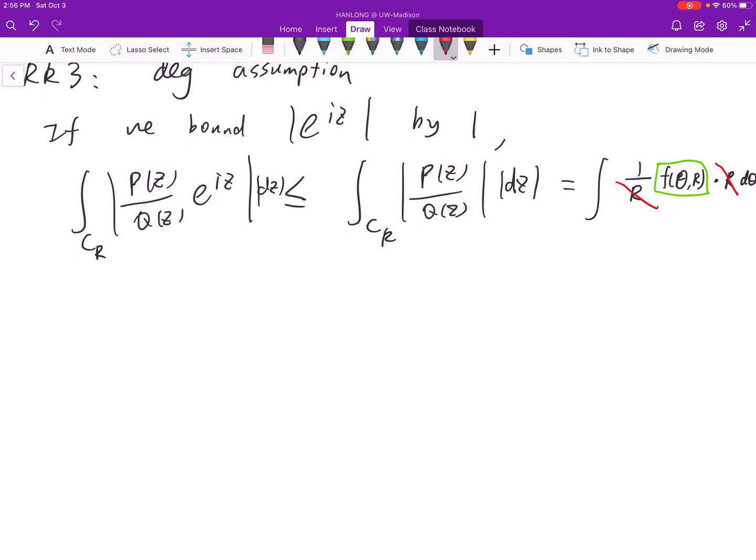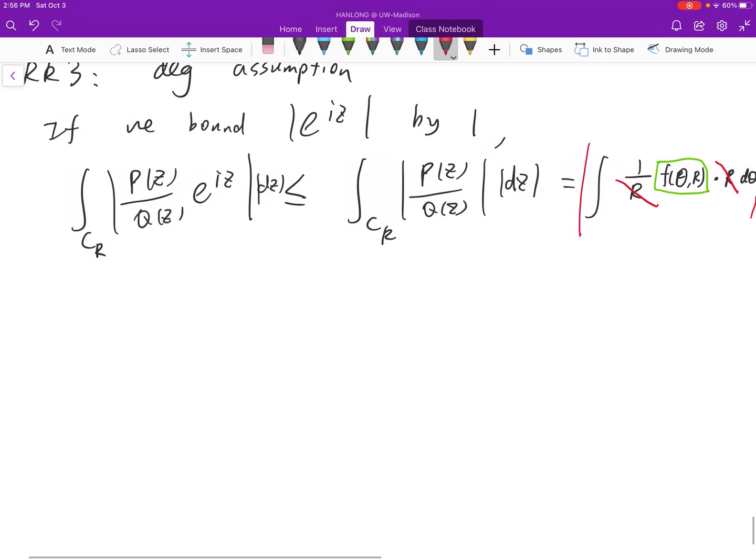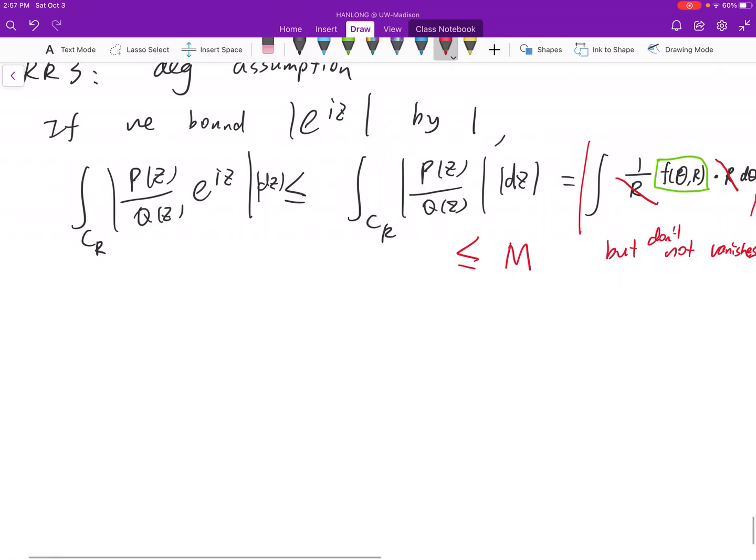This part is only bounded, but does not vanish when r goes to infinity.